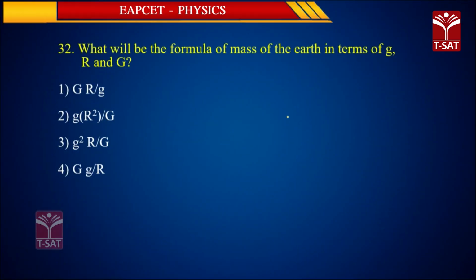gravity. You know the relation between small g and capital G: g is equal to GM by R square. Therefore, here we want to find the mass value.